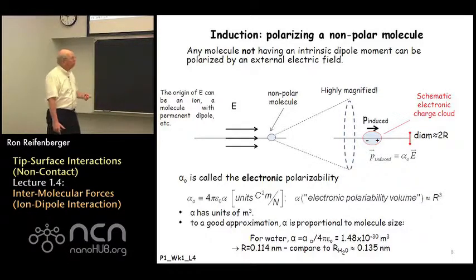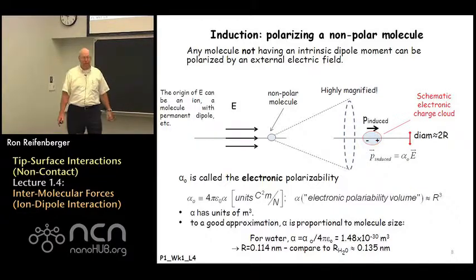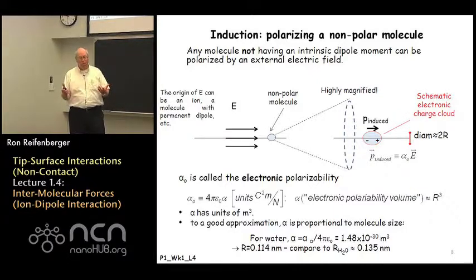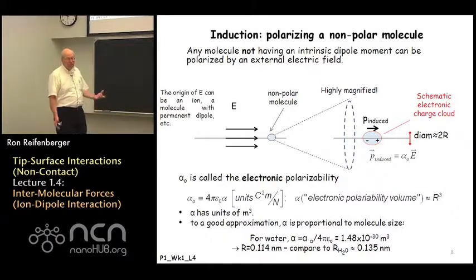And I just work through some numbers on the bottom here to illustrate that point. You can look up what the polarizability volume is for a water molecule. You can take the cube root of that, and you would then infer that the radius of a water molecule is on the order of 0.114 nanometers.